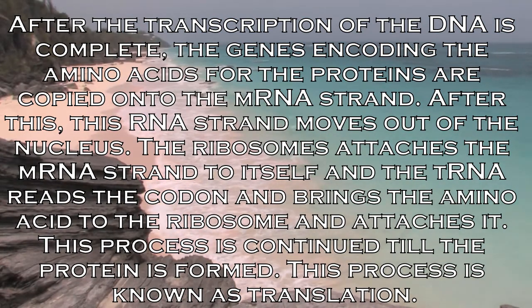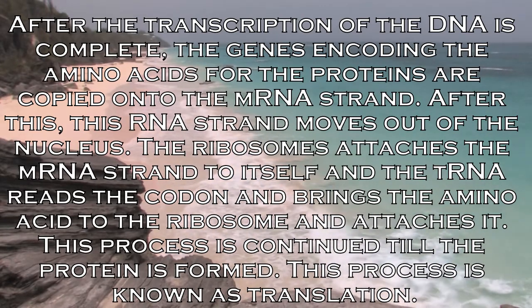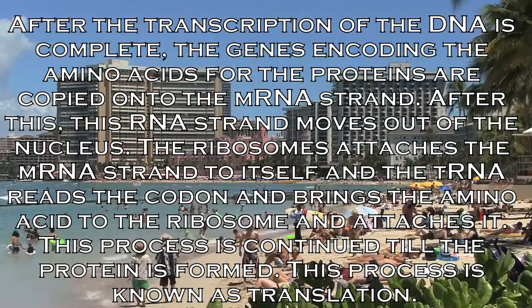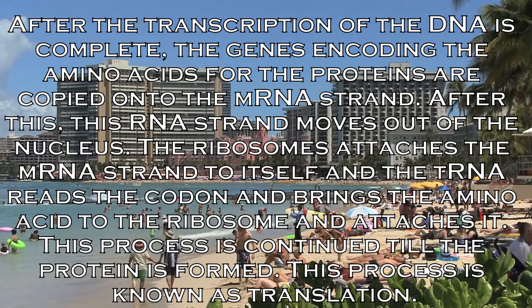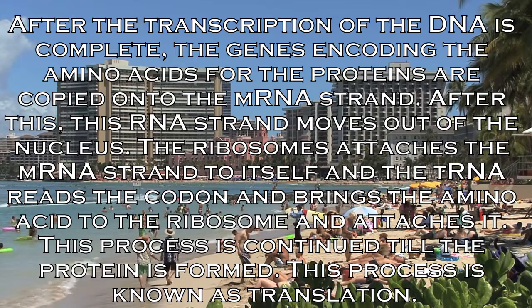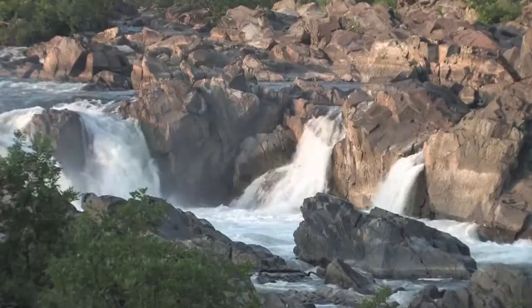After this, the RNA strand moves out of the nucleus. The ribosome attaches the mRNA strand to itself, and the tRNA reads the codon and brings the amino acid to the ribosome and attaches it. The process is continued till the protein is formed. This process is known as translation.